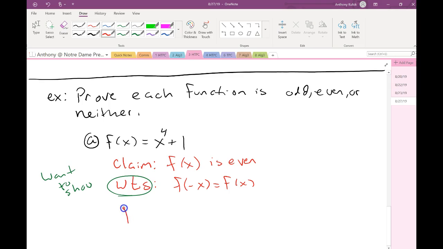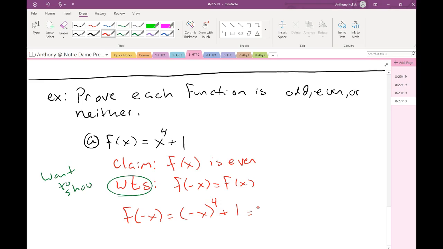Okay. So if I want to do f of negative x, all I really need to do is plug negative x into x as if I was just evaluating a function. So that's going to give me negative x to the fourth plus 1.